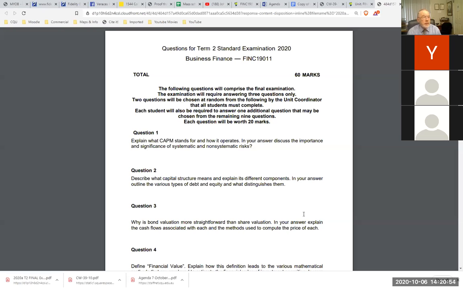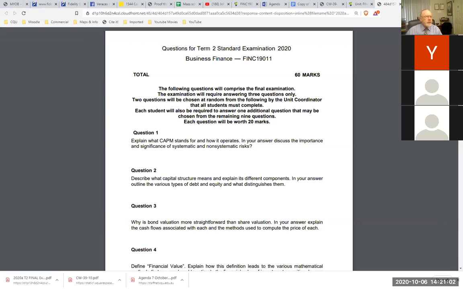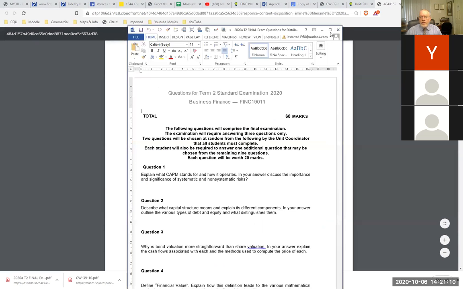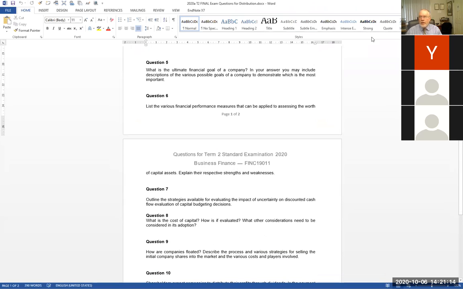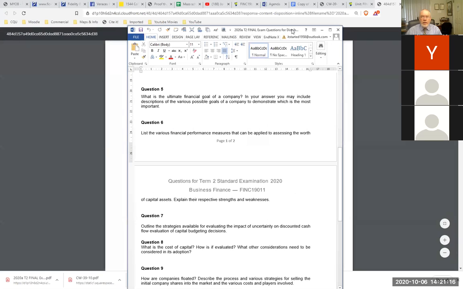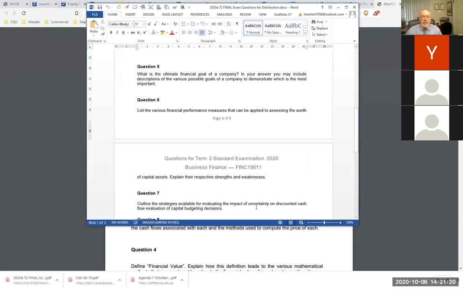So I would recommend Endnote as an investment in your future. When you're using it, it's unbelievably easy to put in your citations. I'll give you a little demonstration. Okay, here's the Word version of the exam paper. I'm just putting that up as an example of a text document.